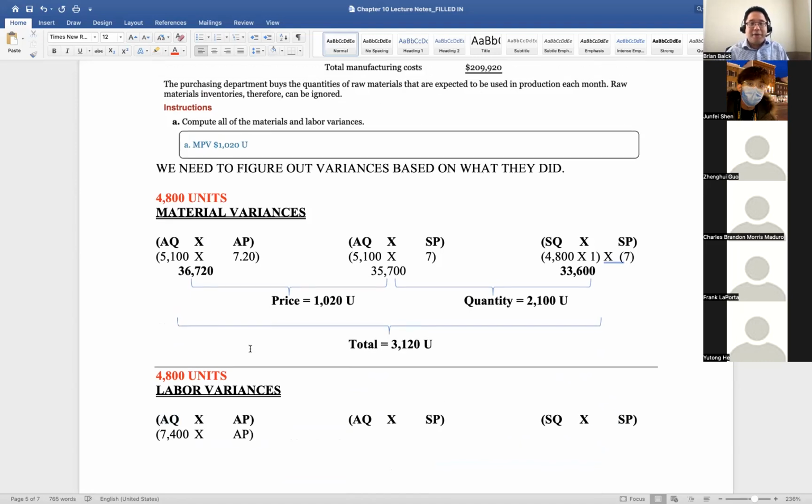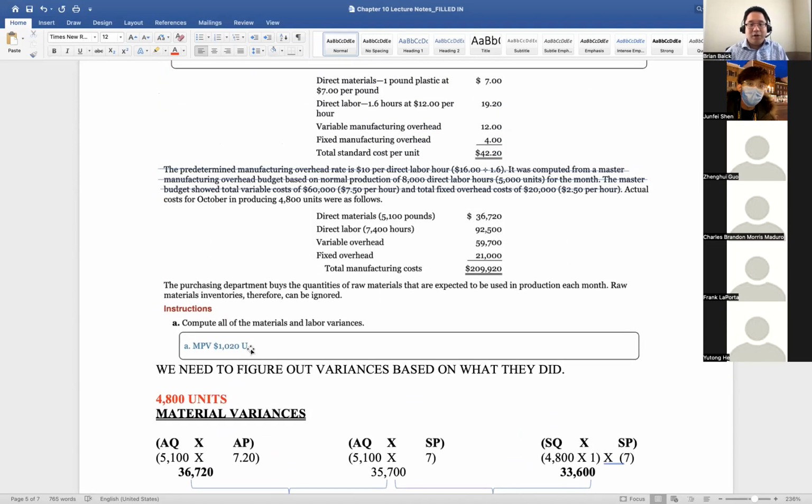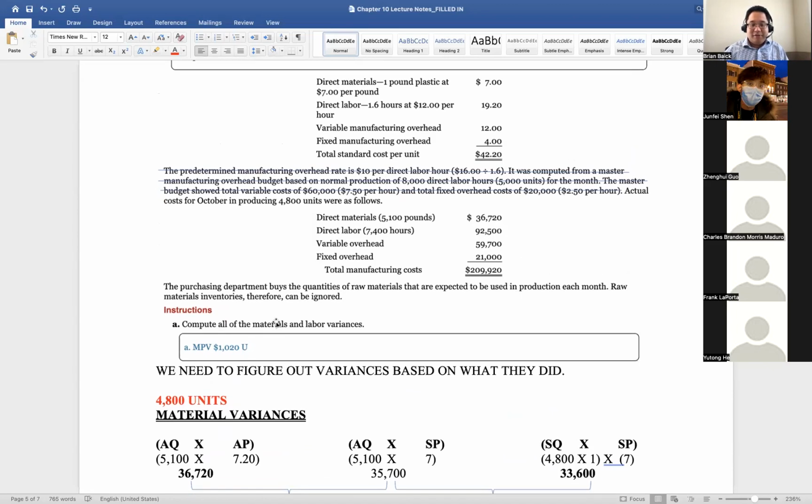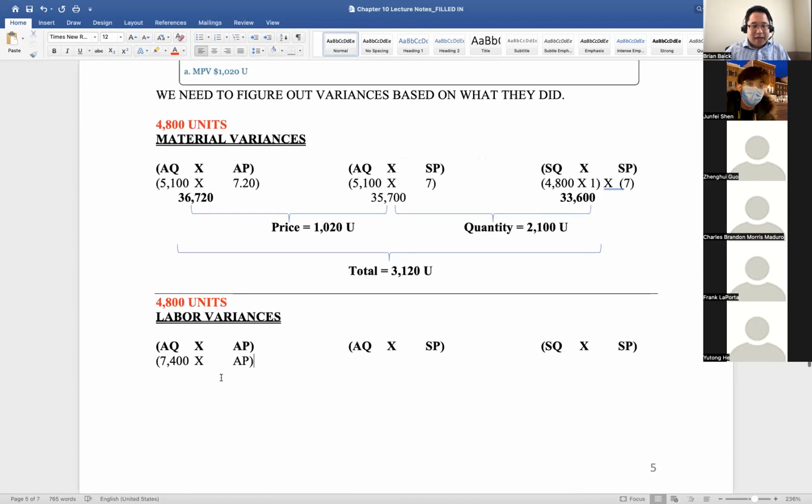Do we know actually how much people got paid per hour? Look here. Somebody in the other class said 92,500. That would be awesome if you could make $92,500 per hour. I think that's the total, right? That's the total. So 92,500 is the total. That must be how much the total actual labor cost is, 92,500.